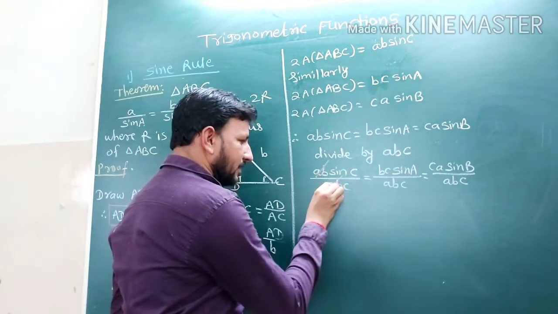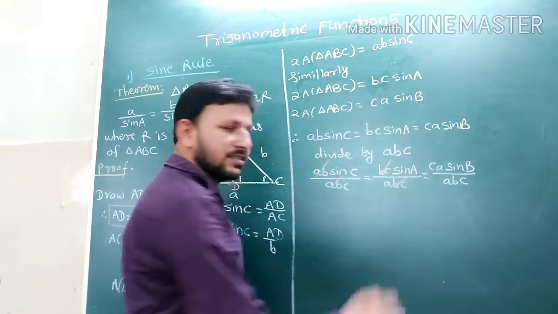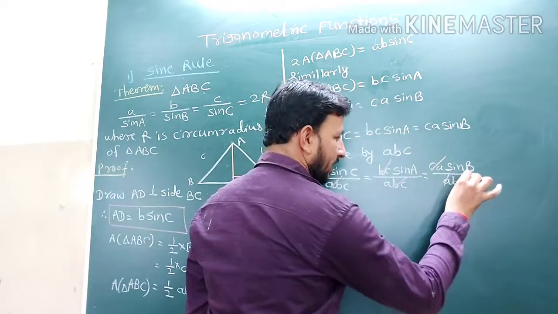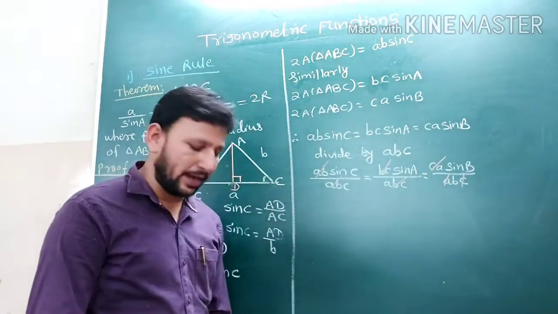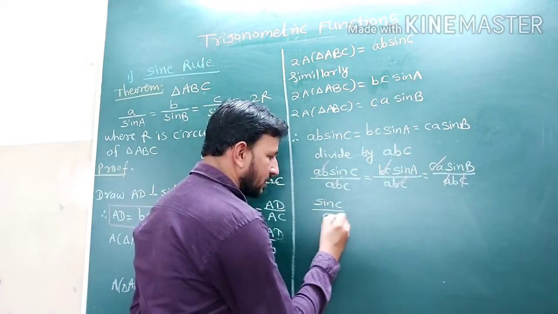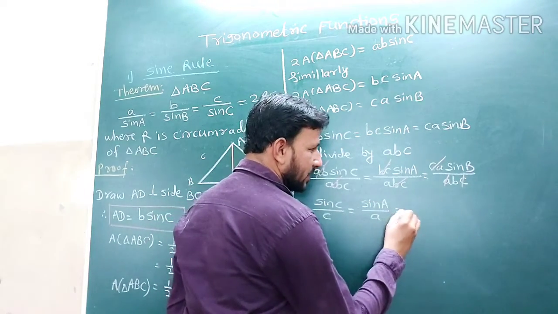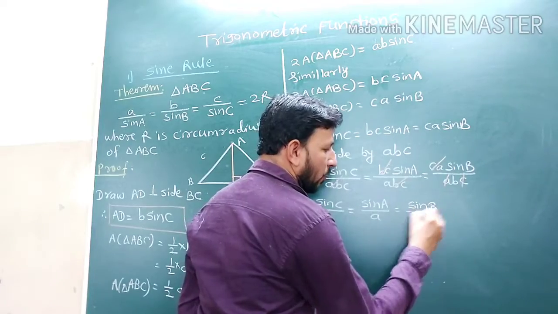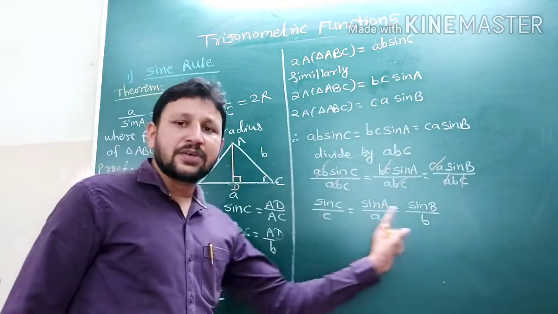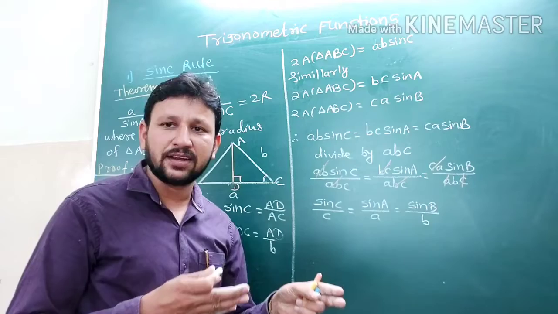In the first, ab cancels; in the second equality, bc cancels; and in the last one, c and a cancel. The remaining values are sin C upon c is equal to sin A upon a is equal to sin B upon b.